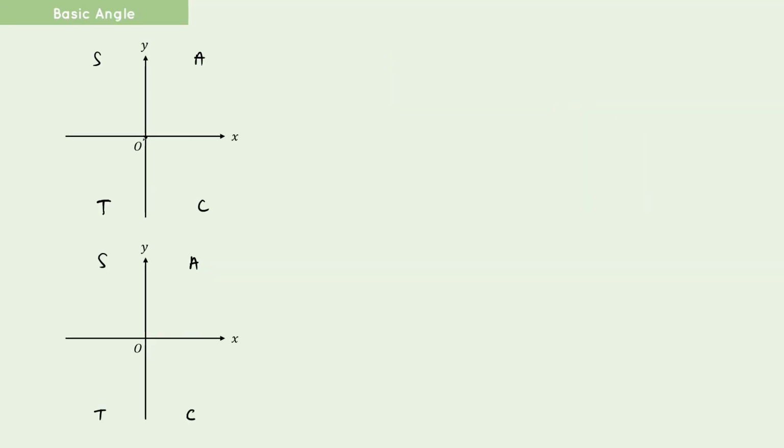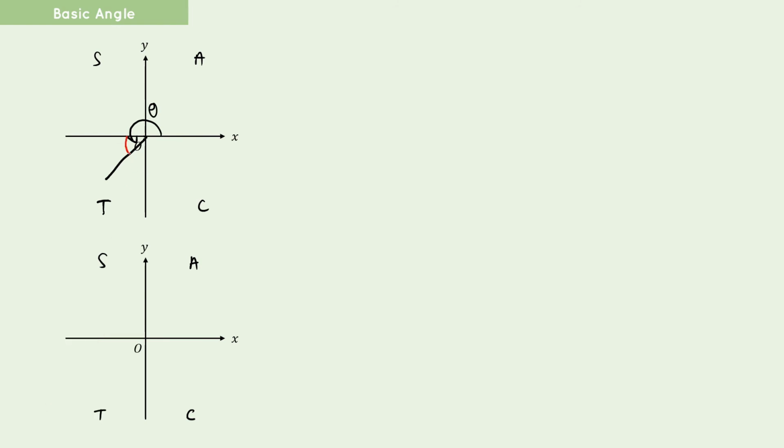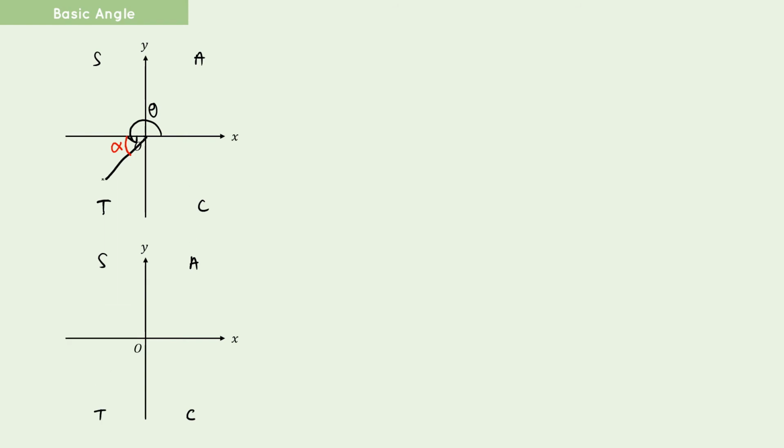So let's say I have an angle theta, which is in the third quadrant. Then the basic angle alpha will be here. If I were to consider sine theta, sine theta is y over r.